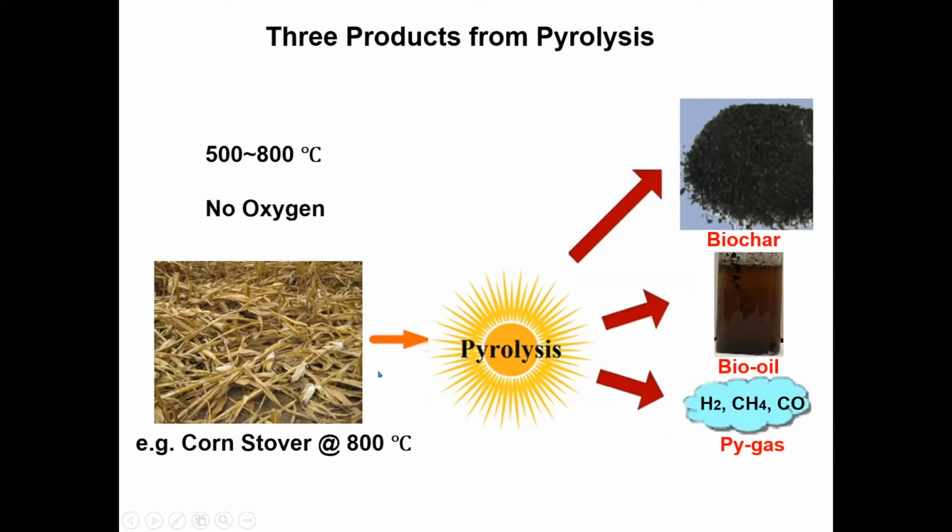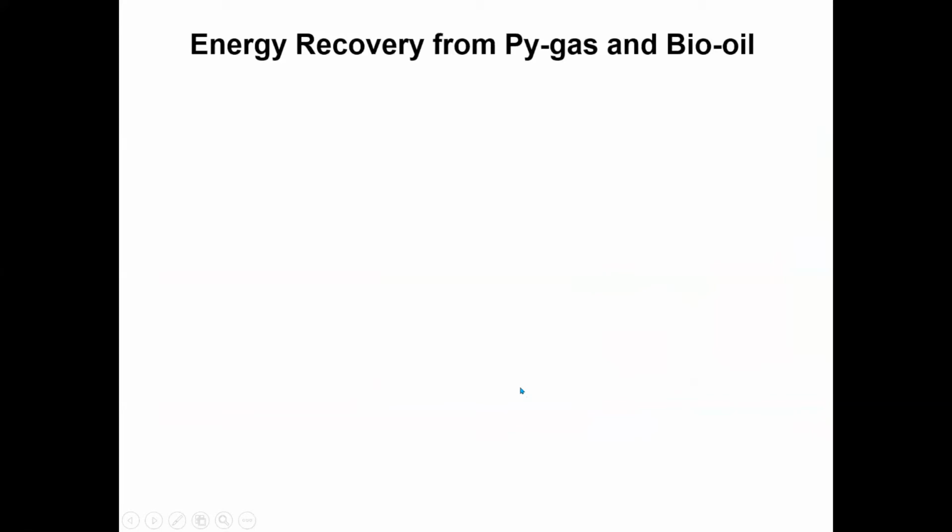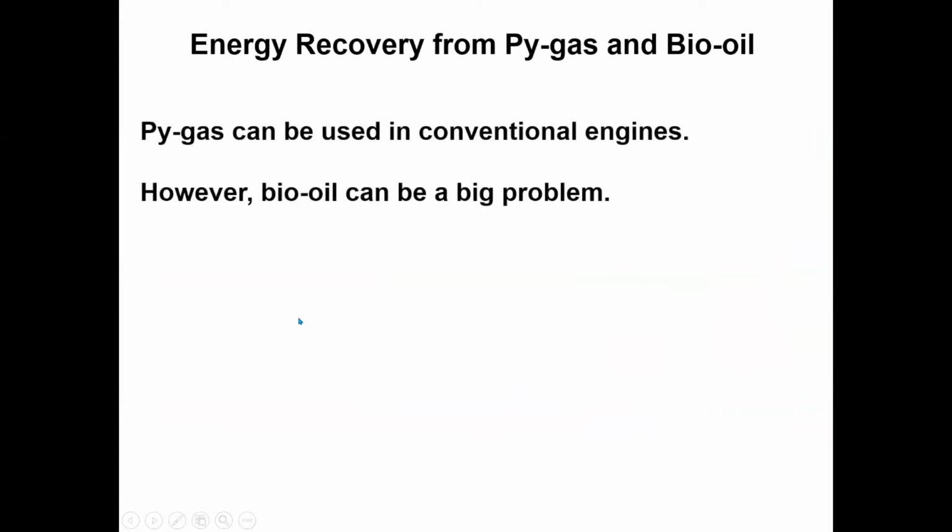Let's just take corn stover, for example. If we pyrolyze corn stover at 800 degrees Celsius, for the mass distribution of the products, we can get 30% biochar, 40% bio-oil, and 30% pi gas. As I just mentioned, we want to recover the energy from the gas product and the liquid product. Pi gas can be easily used in conventional engines for energy recovery.